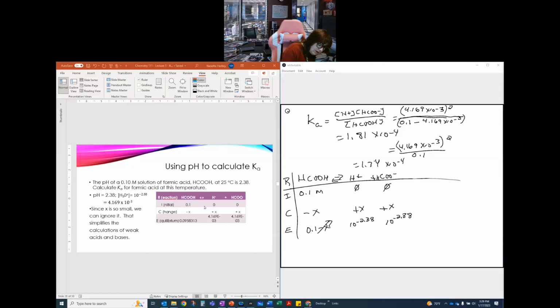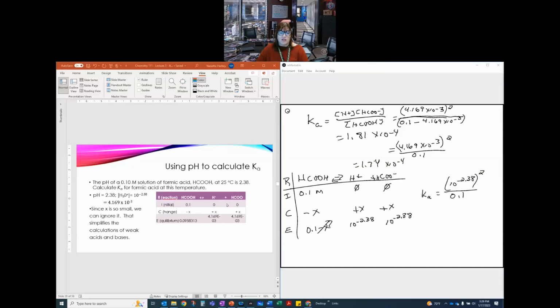And so what we calculate is then Ka is equal to 10 to the negative 2.38 squared over the 0.1 that we started with. And that's exactly what we've set up here. Now, I didn't actually write that out when I was doing this because it was already here, okay?